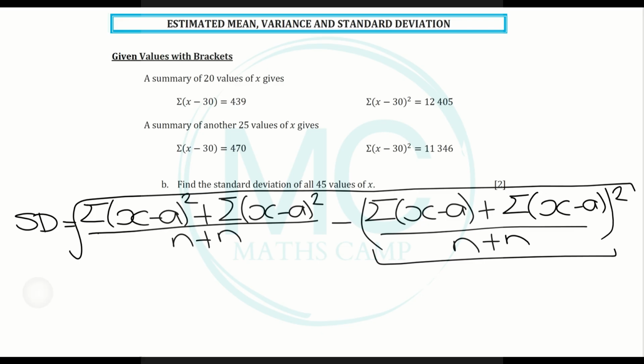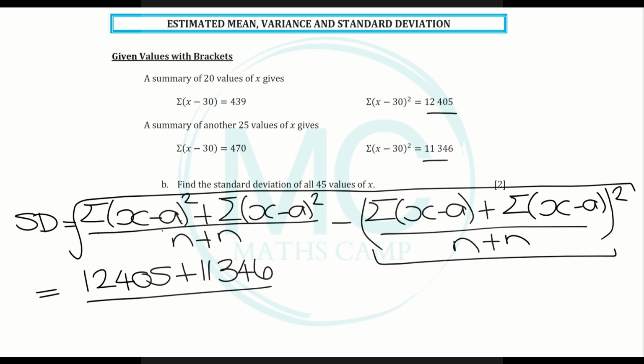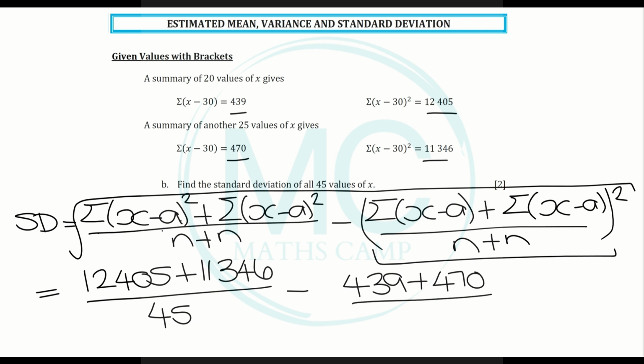Let's fill in our values. Sigma x minus 30 squared from the first set, 12,405, plus square bracket from the second set, 11,346, over the total number of values, 45, minus the value of the bracket from the first set, 439, plus the bracket from the second set, 470, over the total number of values, 45.